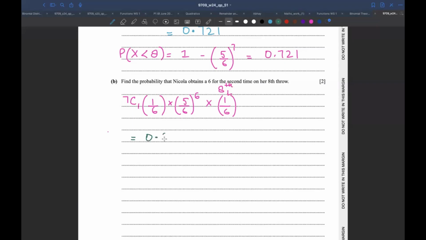So you will get 0.065119. And as you have to give your answer to three significant figures, that will make it 0.0651. That would be the final answer. So please be careful with this mistake that I just made. On the eighth attempt, the probability of getting a 6 is 1 upon 6. We can't write 1 upon 6 into 5 upon 6. That is giving us probability for two different throws. So on the eighth attempt, it should just be 1 upon 6.